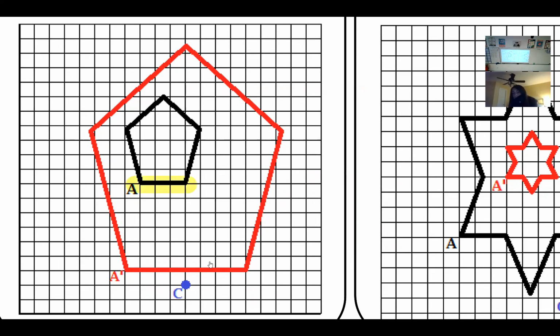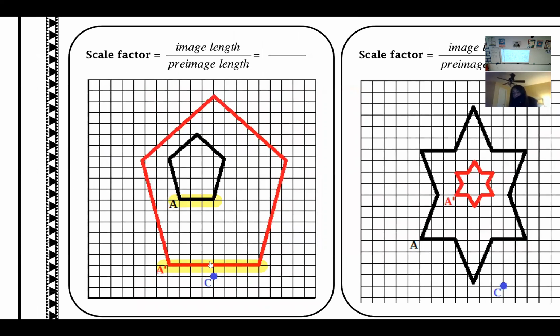So we're going to compare the image and the pre-image of the bottom. It's important here, image goes on top, pre-image goes on the bottom. Which colored hexagon is our pre-image? The black one, which makes the image the red one. So what is the length of the red base?